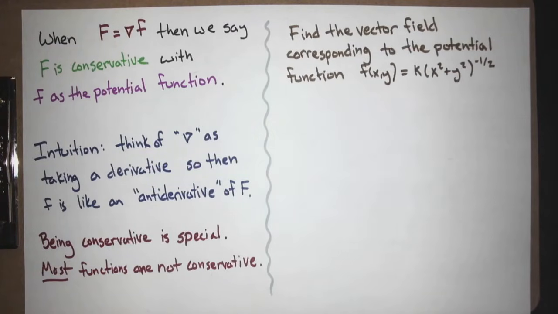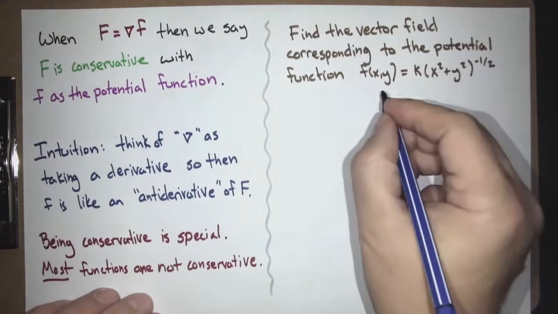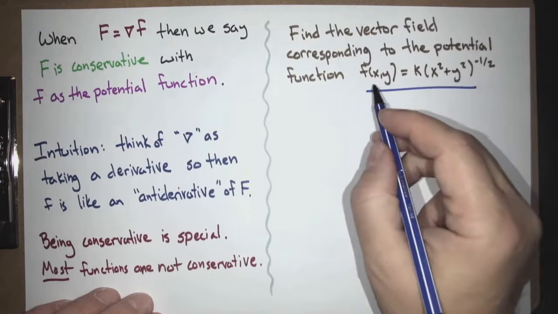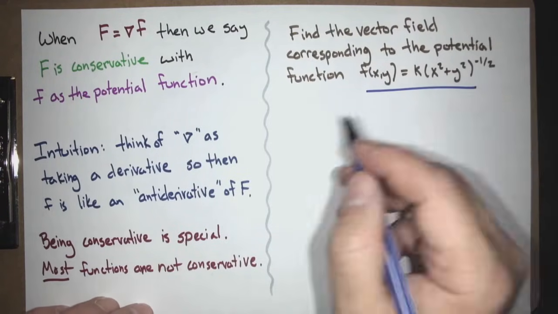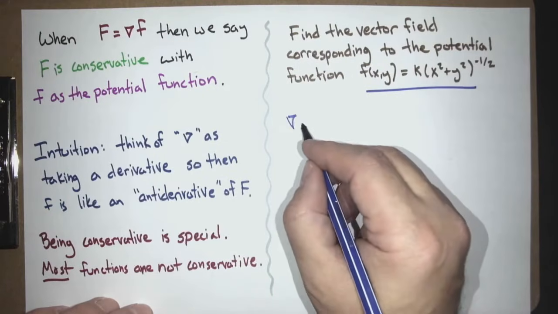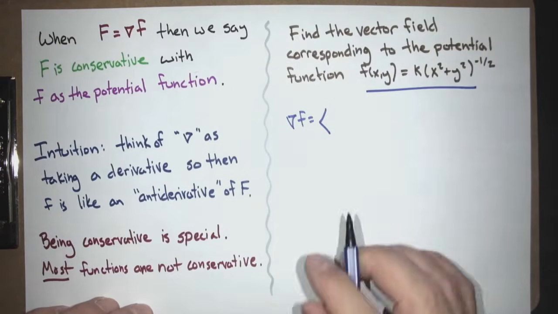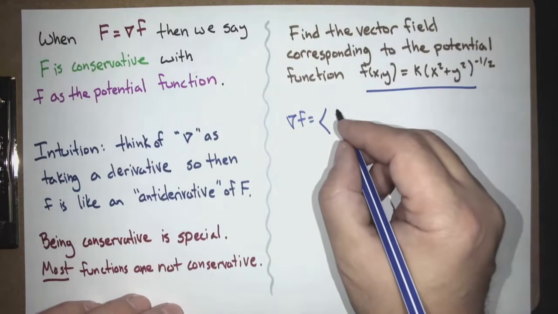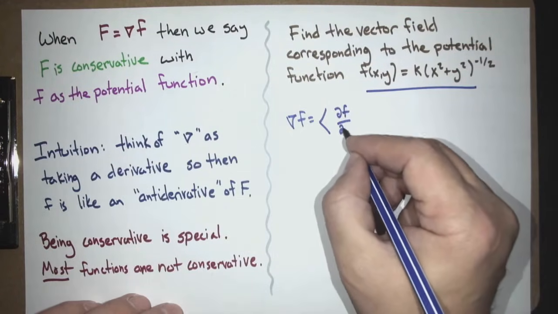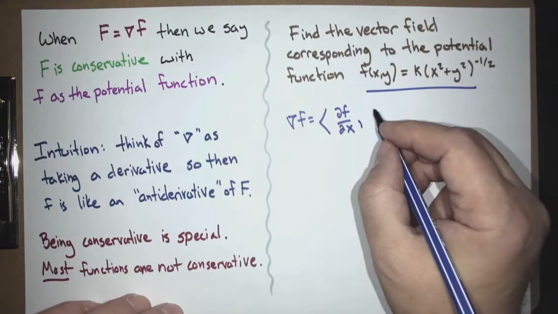This is a reminder. How do we take gradients? All right, so our function is f of x, y is some constant k, x squared plus y squared to the minus 1/2. So gradient of f, let's just first remind ourselves, what goes in the first slot? Partial with respect to what? X. Partial f, partial x, and then in the second slot?